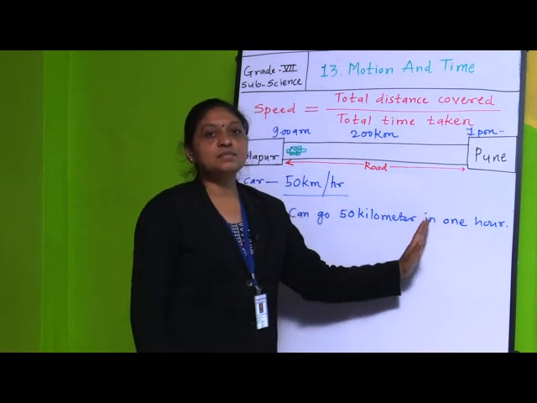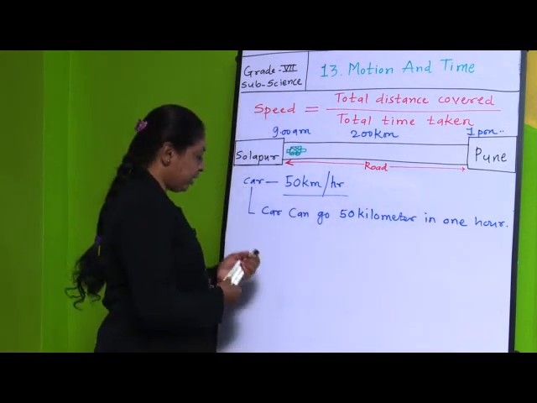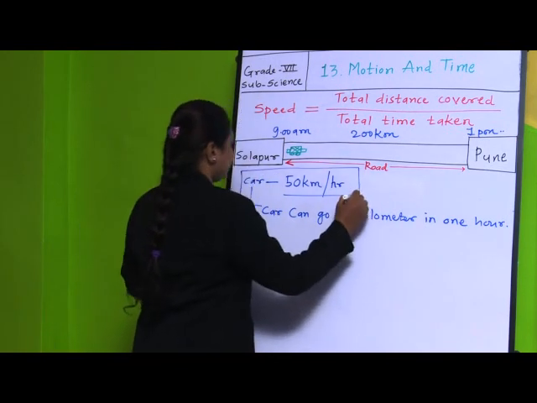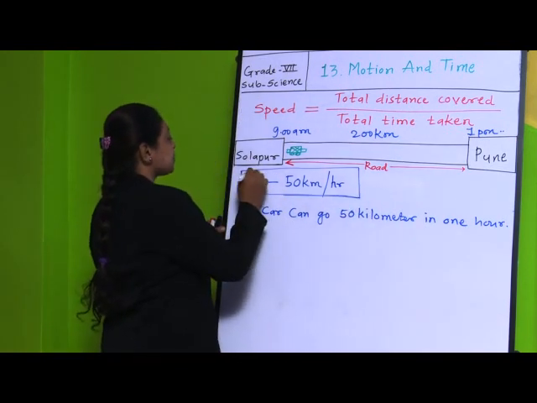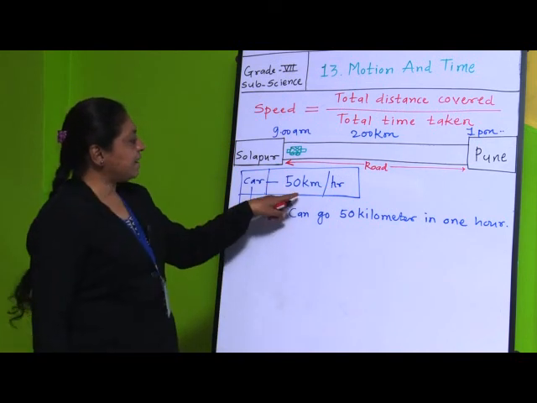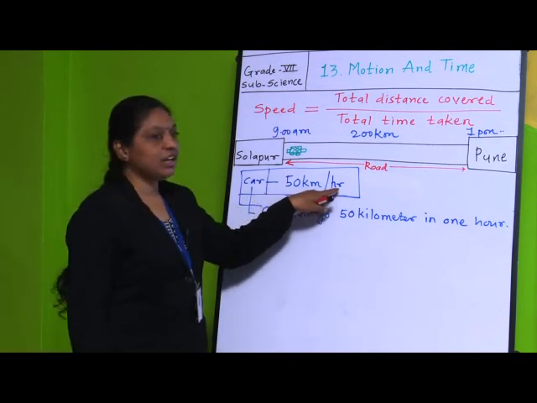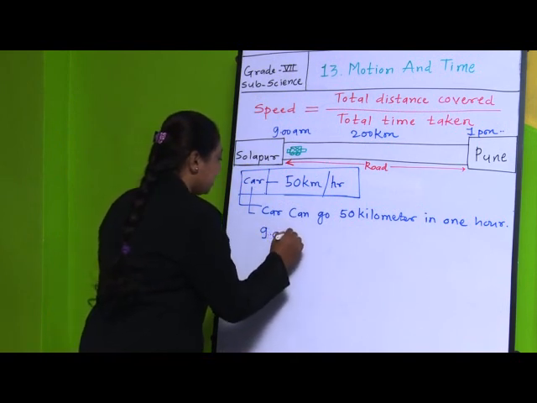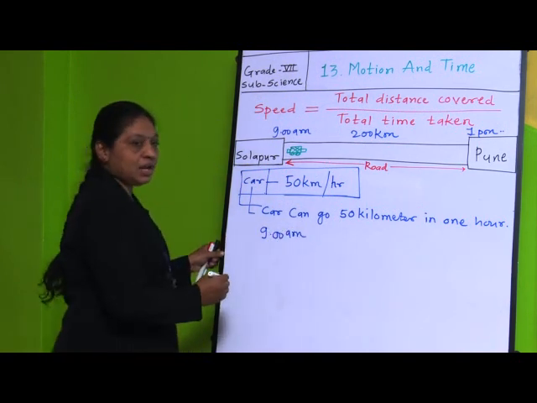It means at 10 am. Have you got it? Suppose this formula is given, or it is decided that this car can go 50 kilometers in 1 hour. So if it started at 9 am.